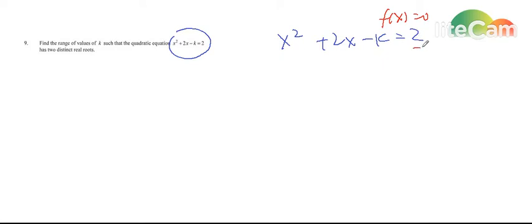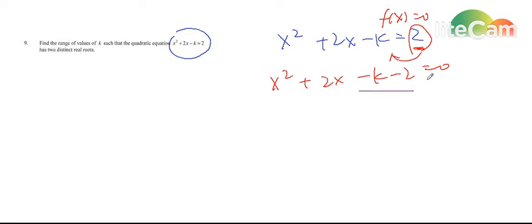So the first step is to put the 2 on the left hand side, so that we can write something like this: minus k minus 2 is equals to 0. For convenience in the following steps, we also add one bracket here, so that we can beautify our whole calculation method.